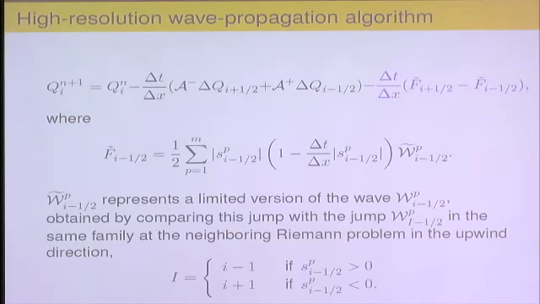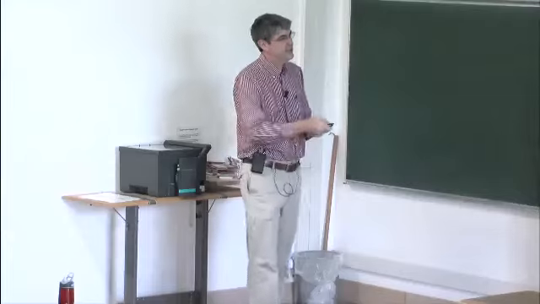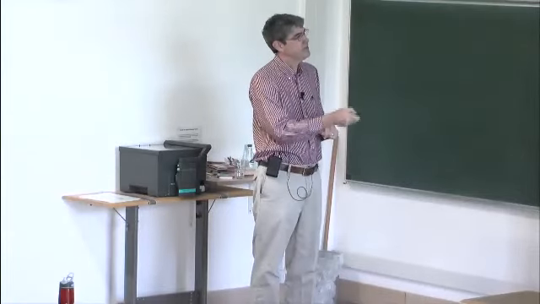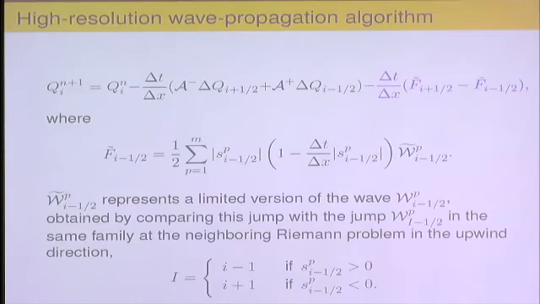If we have a system of equations, we have the waves coming in from the right edge and the left edge. But now we add in this correction term, which looks the same as before, but now it's a sum over all of the waves. We have the corresponding wave with some limiter applied to it, and then we have the speeds coming into these formulas. So if this were a linear system and we didn't apply any limiter, then this would just be a sort of complicated way of writing the Lax-Wendroff method.